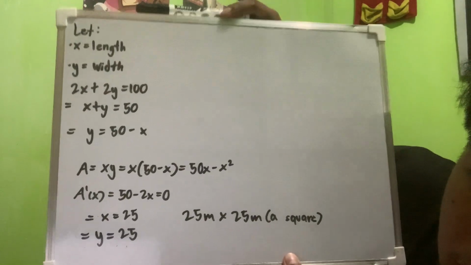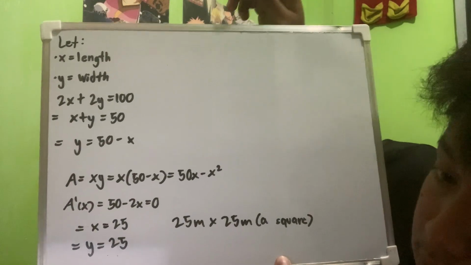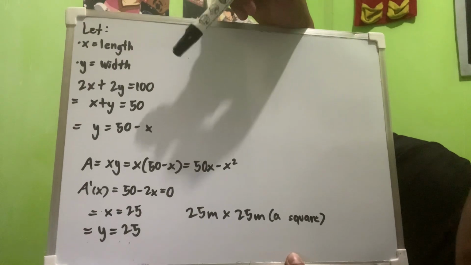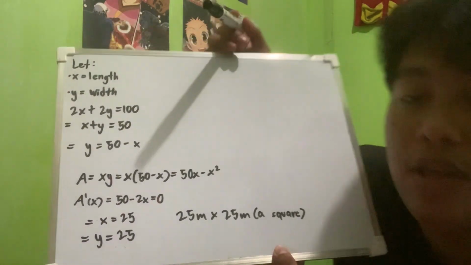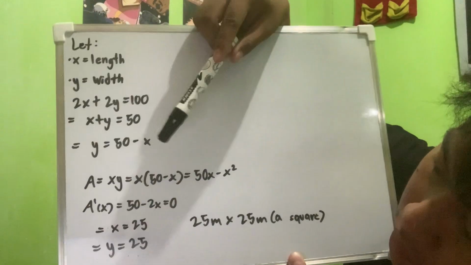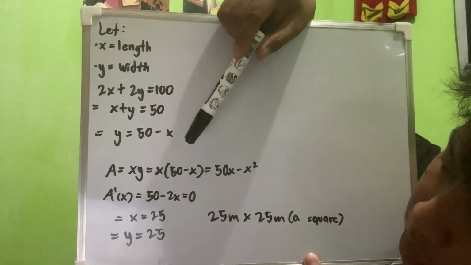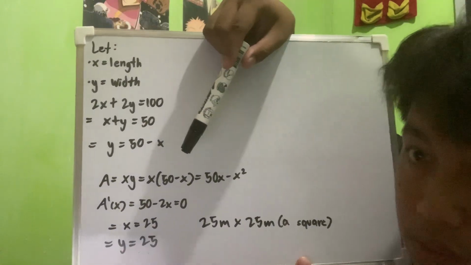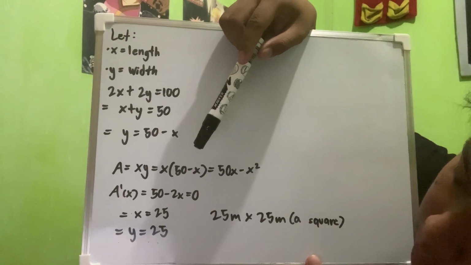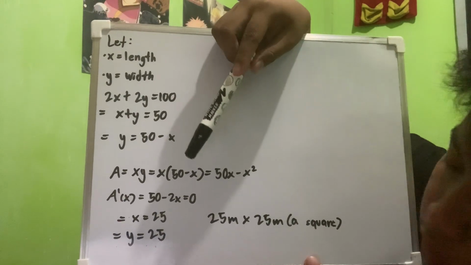We differentiate it. So A prime of x equals 50 minus 2x equals 0. So x equals 25, y equals 25.